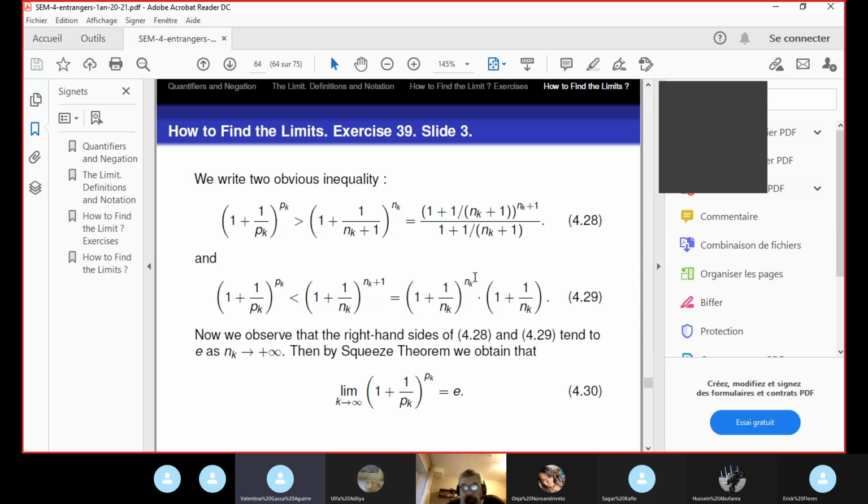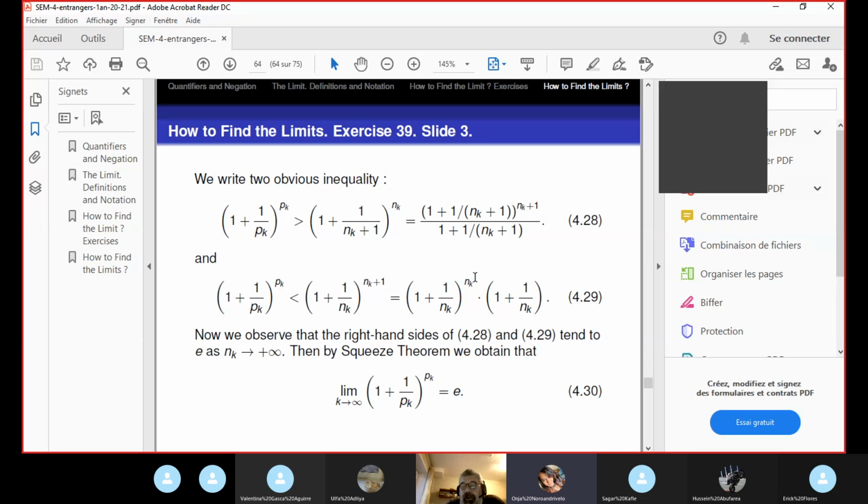Clear. Yes, it's clear. Eric, is it clear? Yes, it's clear.